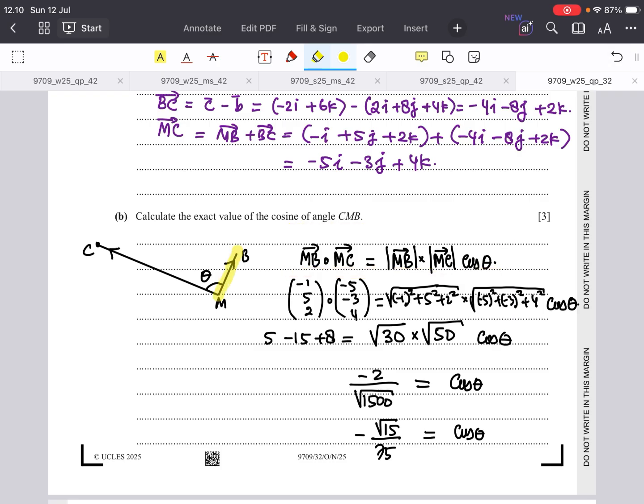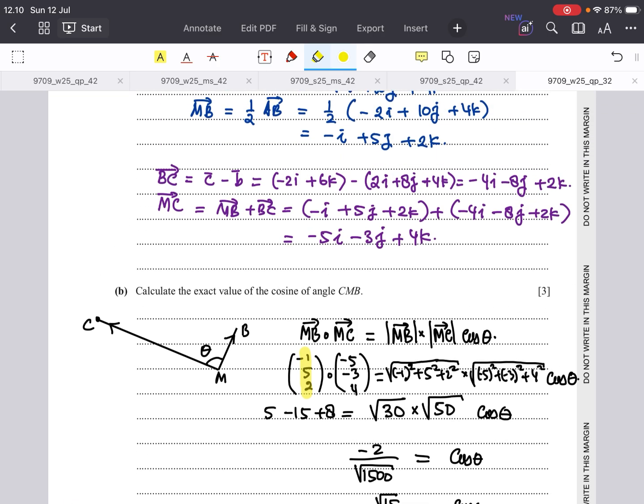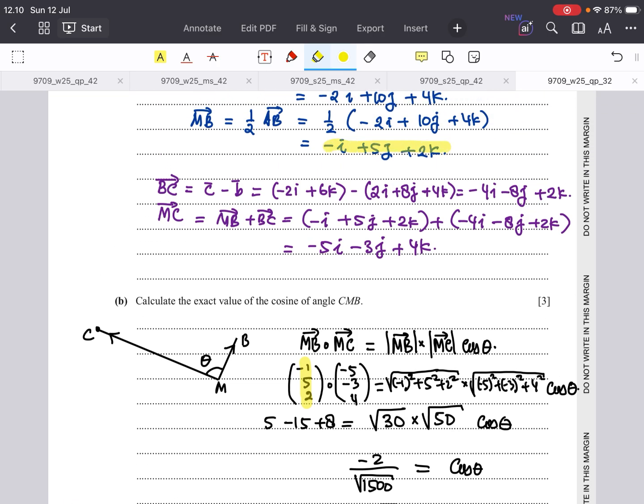So vector MB dot vector MC is equal to the magnitude of MB times the magnitude of MC cos theta. Dot product. So vector MB, this one in column vector, we can express in the form of minus 1, 5, 2. So this one is MB.